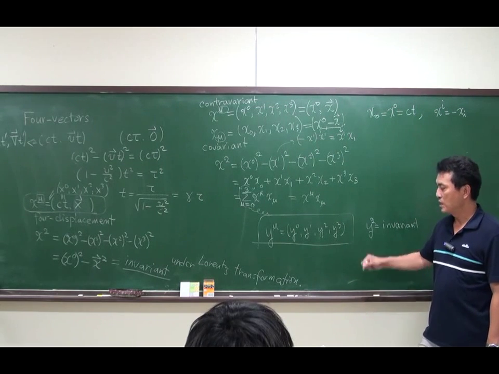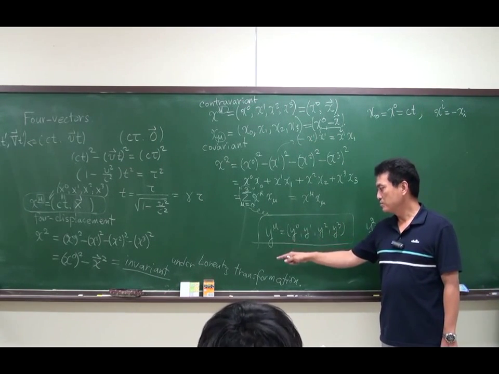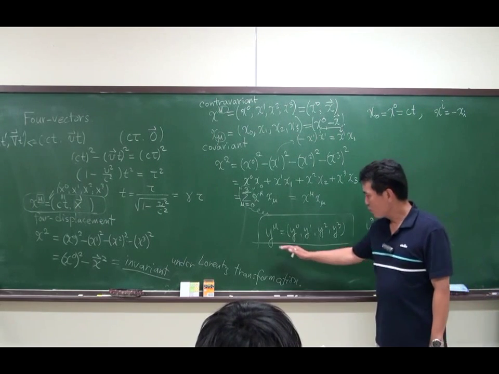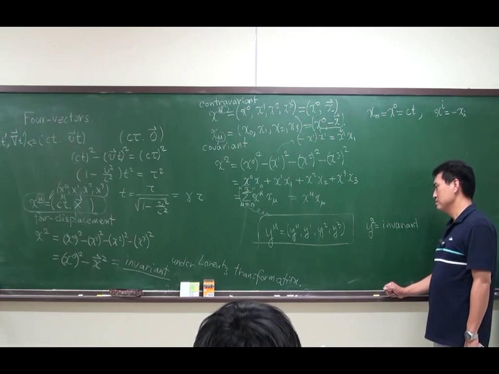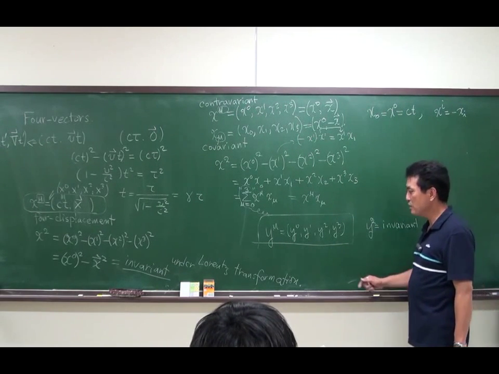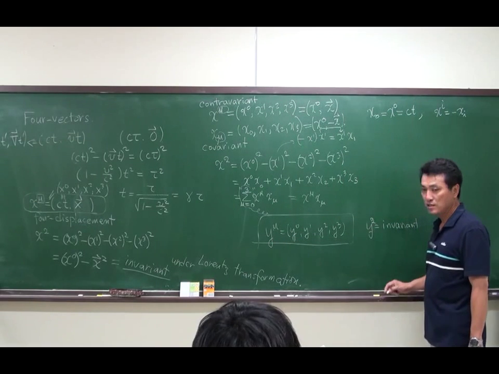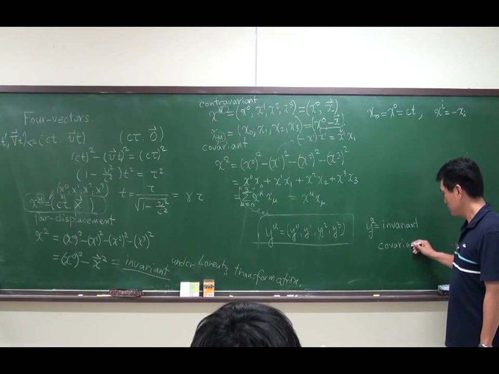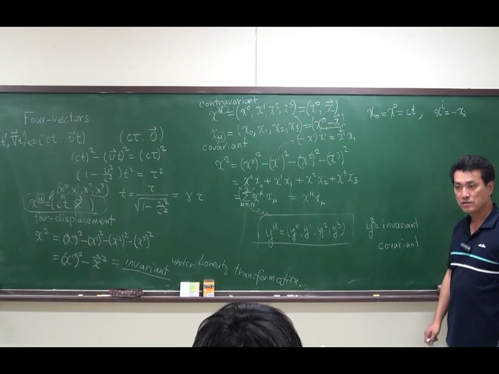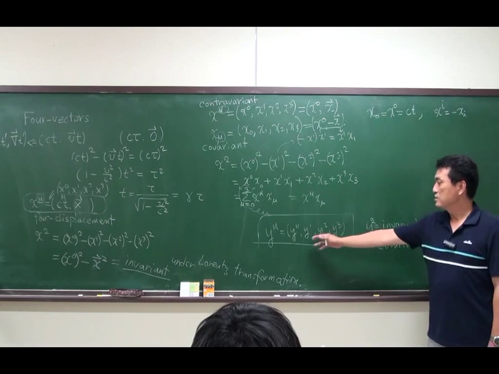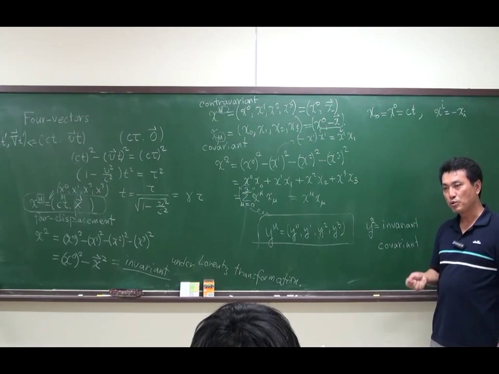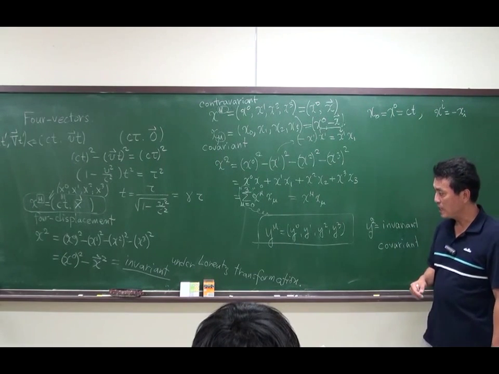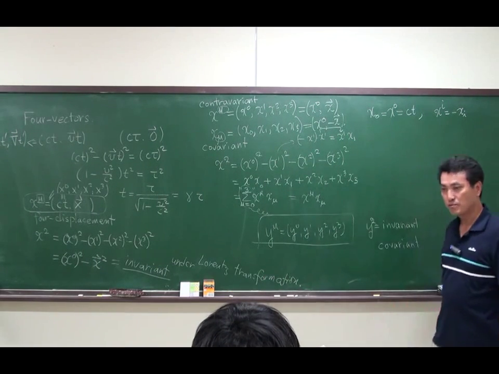The transform respects the Lorentz transformation. So we call the square of this 4 vector invariant, and each component of this 4 vector covariant. Each component of this 4 vector changes depending on the reference frame, but the rule is governed by the Lorentz transformation.